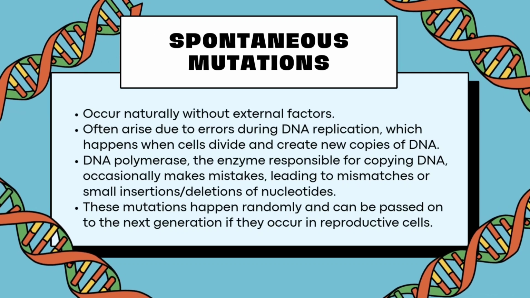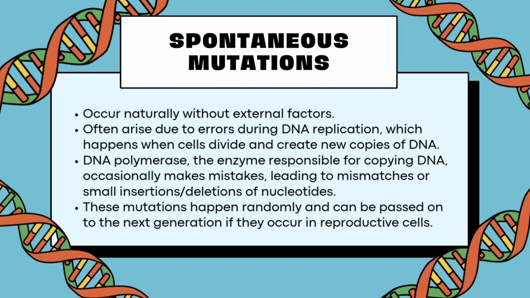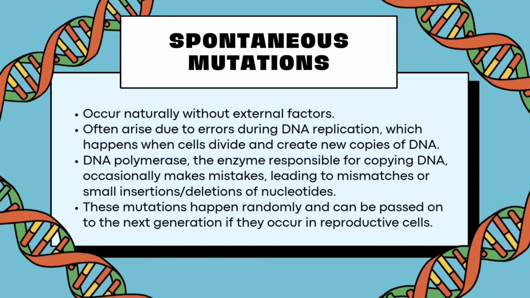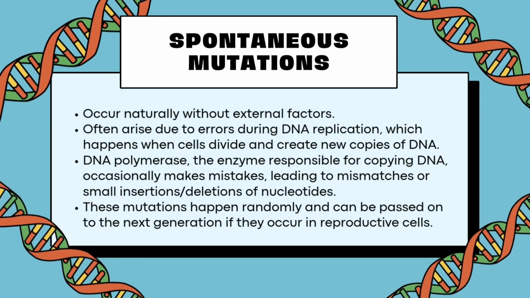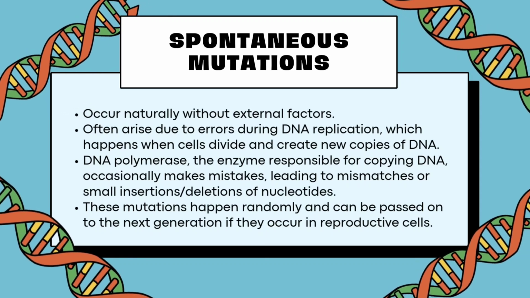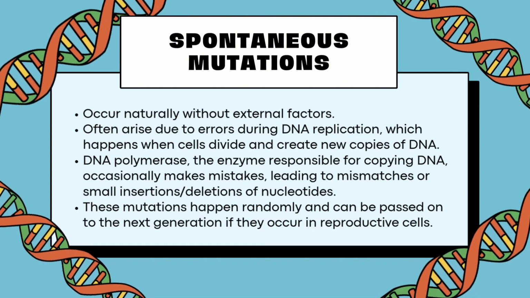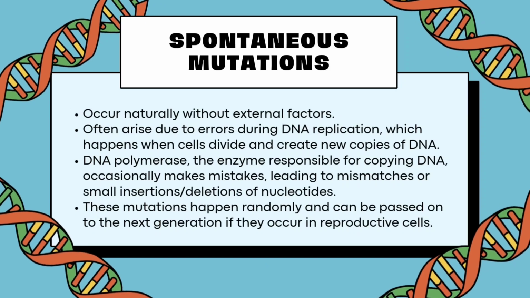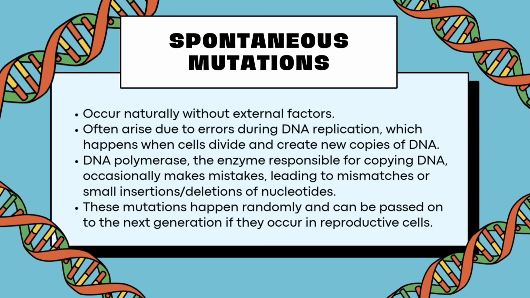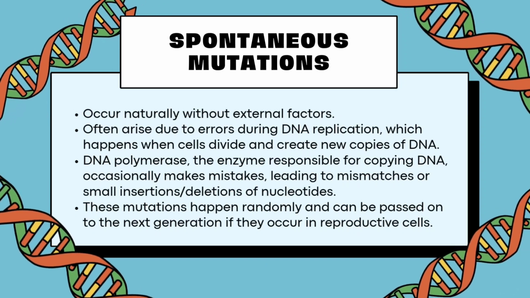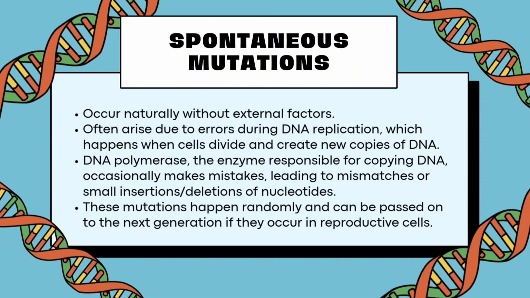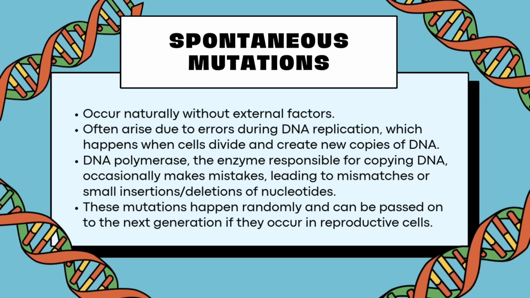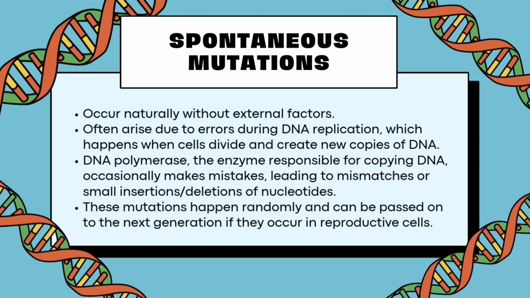During replication, DNA polymerase, the enzyme responsible for copying DNA, sometimes makes mistakes. These can lead to mismatches in base pairs or even small insertions or deletions of nucleotides. Although these errors are rare, they do occur randomly. When spontaneous mutations occur in reproductive cells, they can be passed on to the next generation, potentially influencing evolutionary changes.